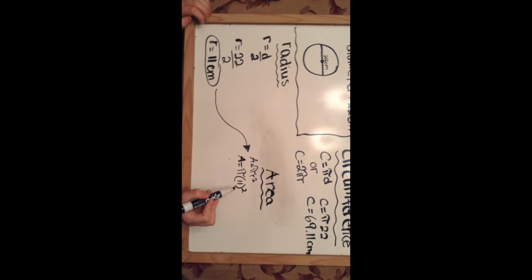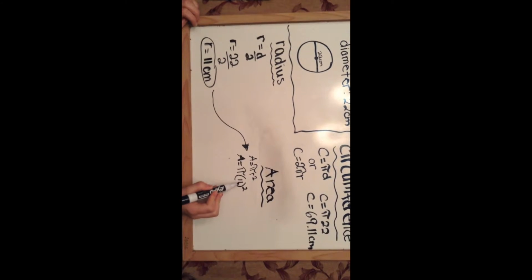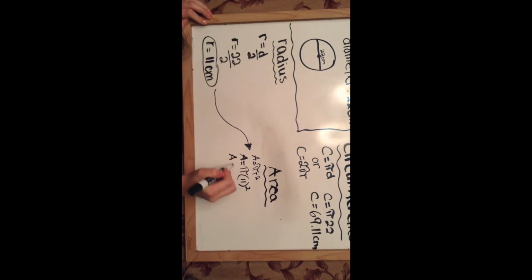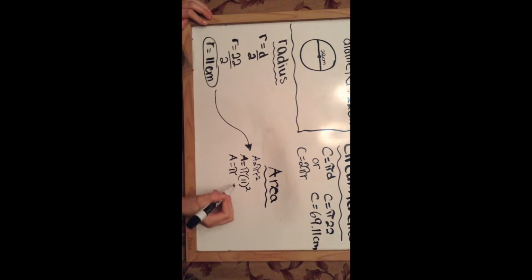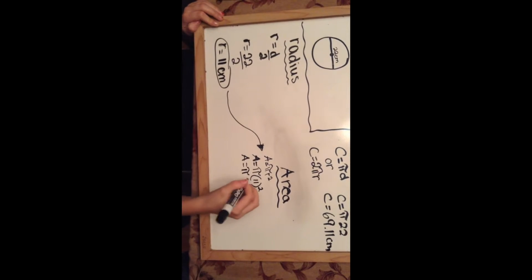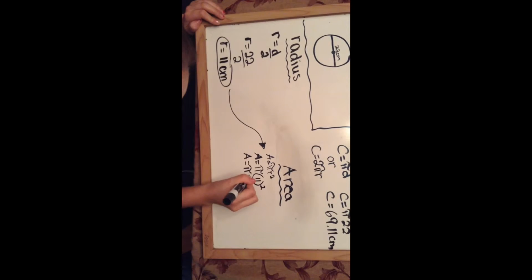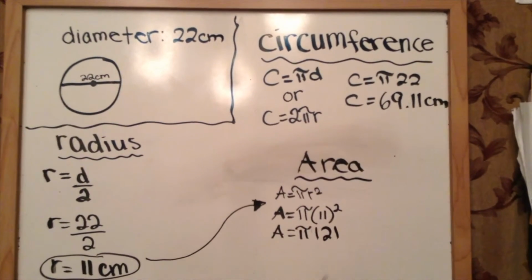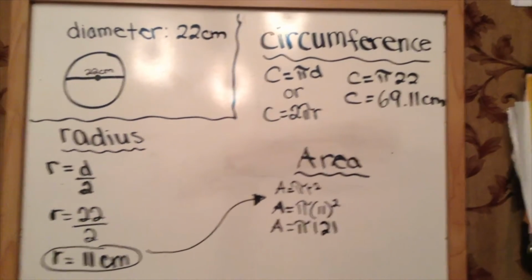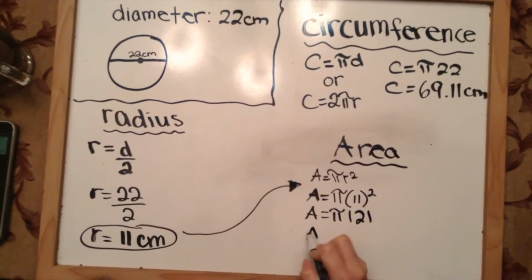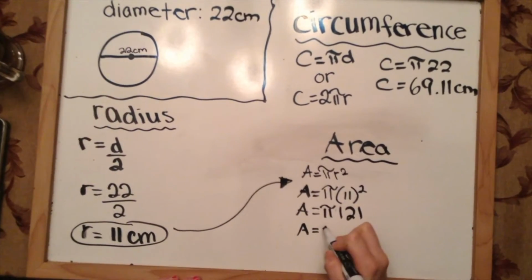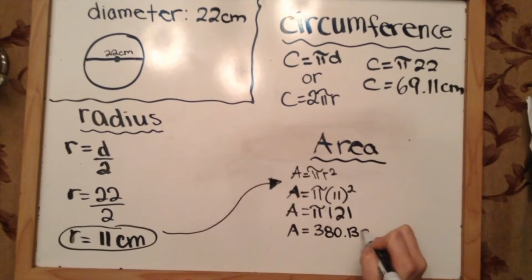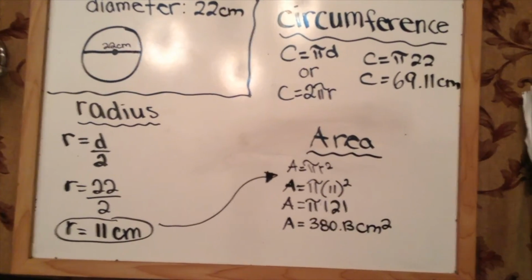Now I'm going to multiply my 11 twice because it's squared. 11 times 11 equals 121. Now I'm going to multiply 121 by pi, which equals 380.13 centimeters squared.